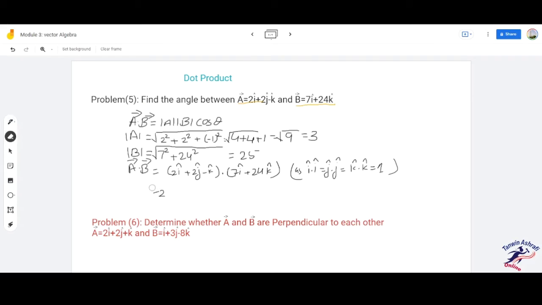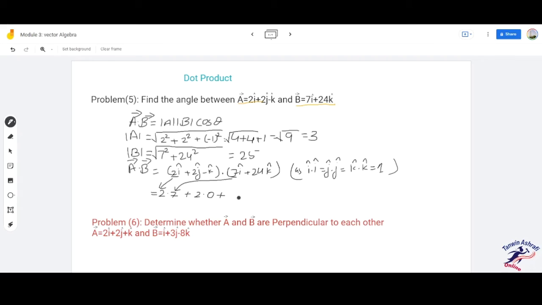Let me write correctly. For the I cap we have 2 dot 7, since these both are for I cap. In a similar way for the J cap we have 2, and since there is no J over here, we write dot 0.